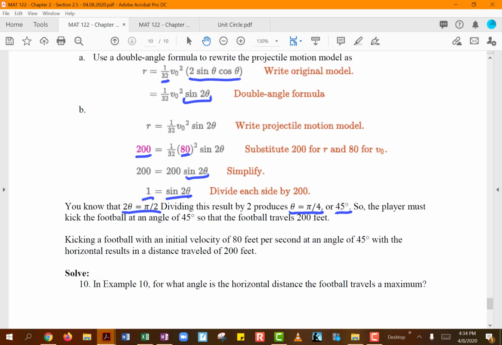So they're saying if the football player takes this football at an angle of 45 degrees, that ball will travel 200 feet. So an initial velocity of 80 feet per second at an angle of 45 degrees will give you a distance traveled of 200 feet. Okay?